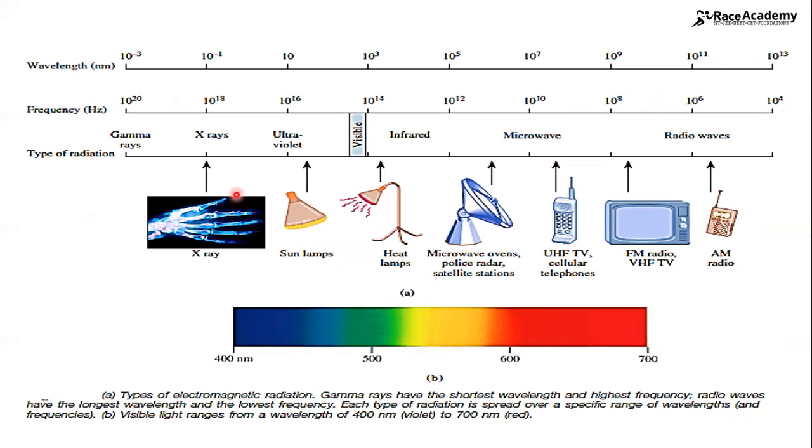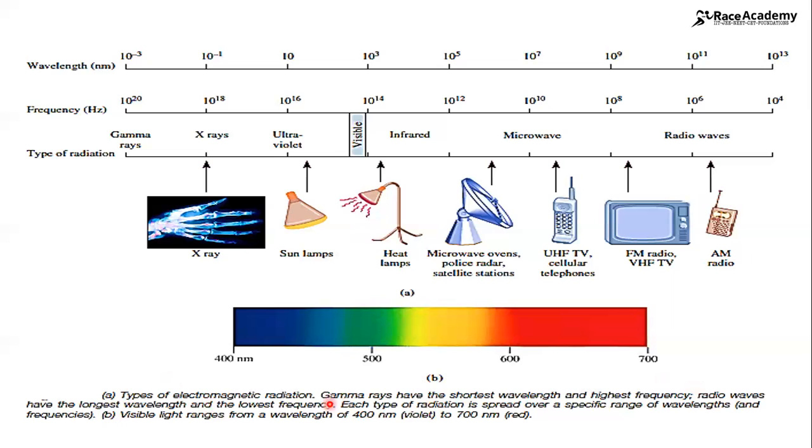For example, gamma rays have the least wavelength with the highest frequency, of 10 power 20. In the first picture, showing the types of electromagnetic radiation, gamma rays have the shortest wavelength and highest frequency. Radio waves have the longest wavelength and the lowest frequency.